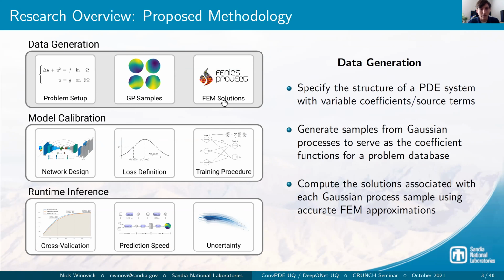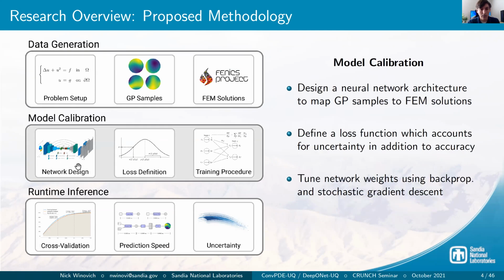Once we have that database, we will calibrate our model by giving an architecture, a network design, and defining a loss function. In this case, we want to use a loss function which captures some sense of uncertainty in addition to the accuracy, and then train using standard stochastic gradient descent.